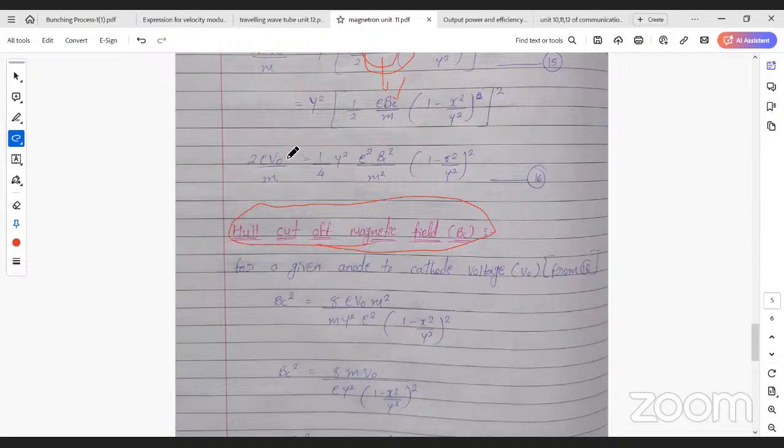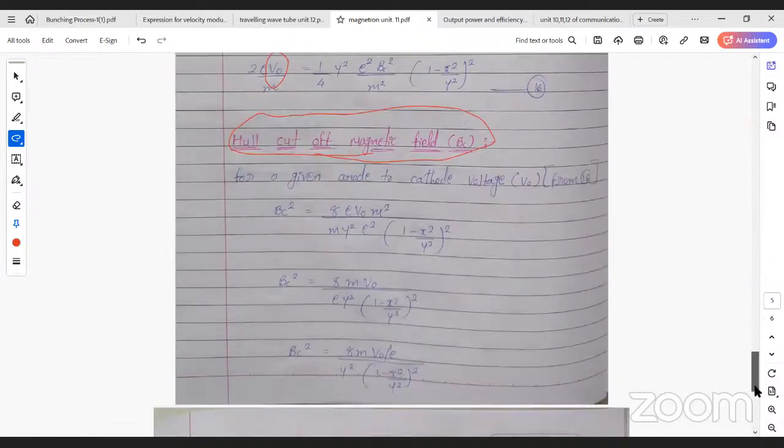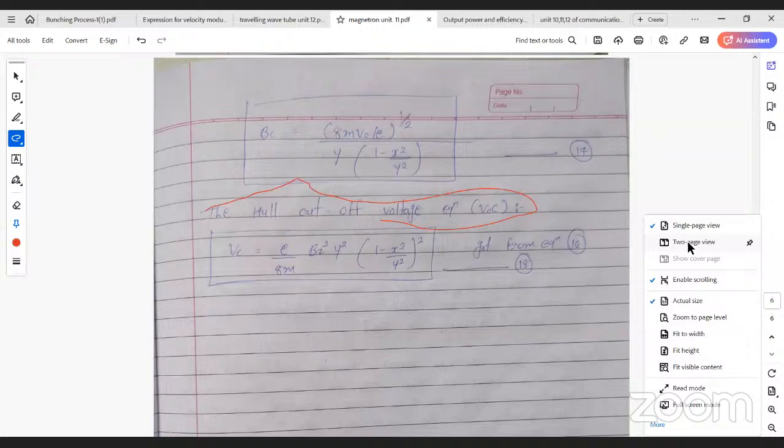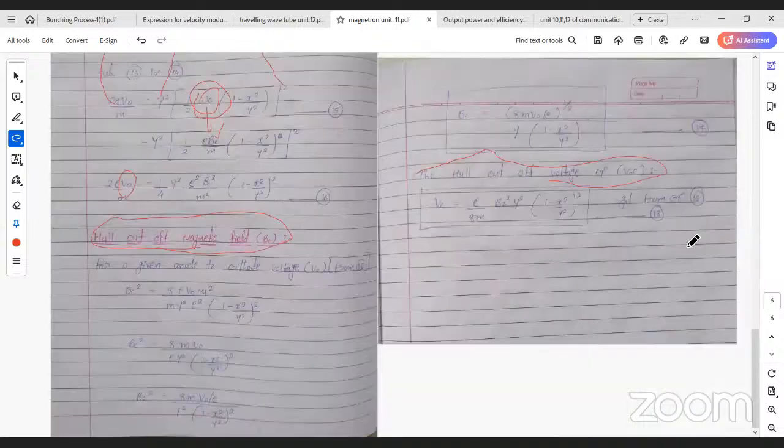From the same 16th equation, if I calculate V naught, what will we get? Hall cutoff voltage. So for the final equations, we have to write two equations: one in terms of voltage, and one in terms of magnetic field. Now we will see the magnetic field equation first, then we will come to the voltage equation.